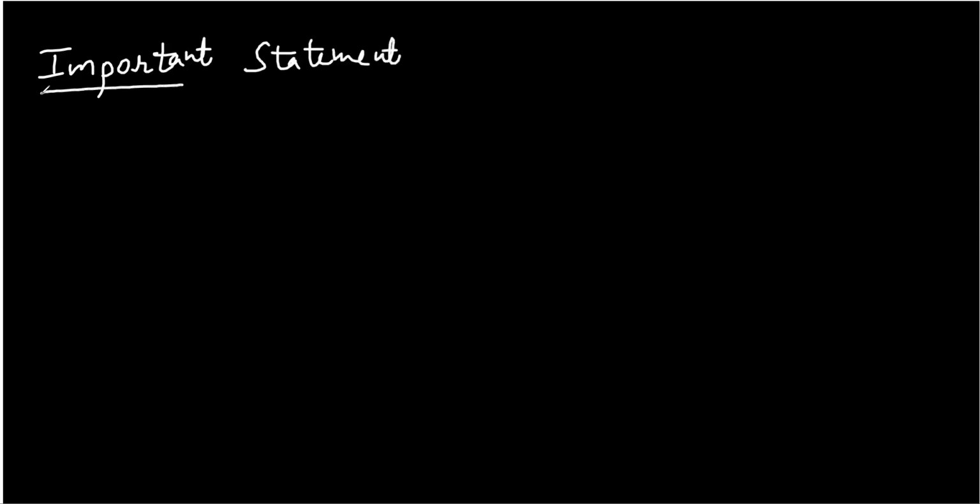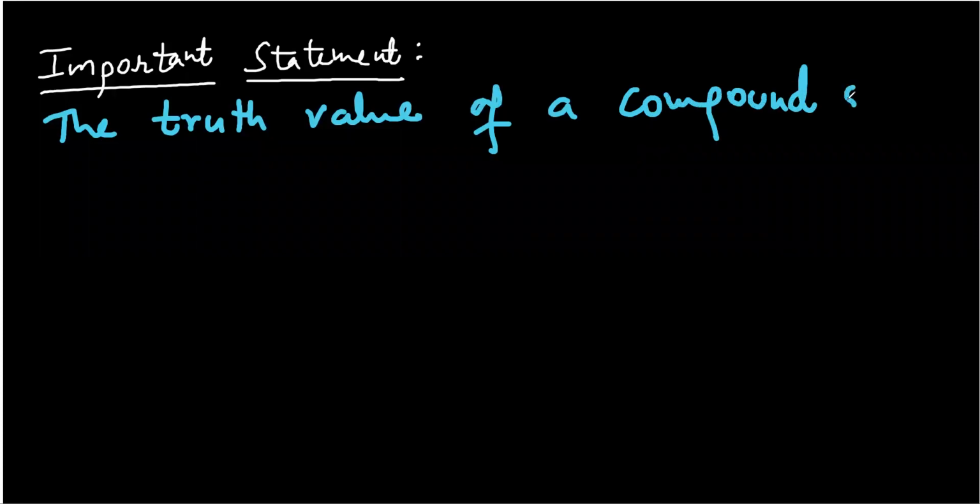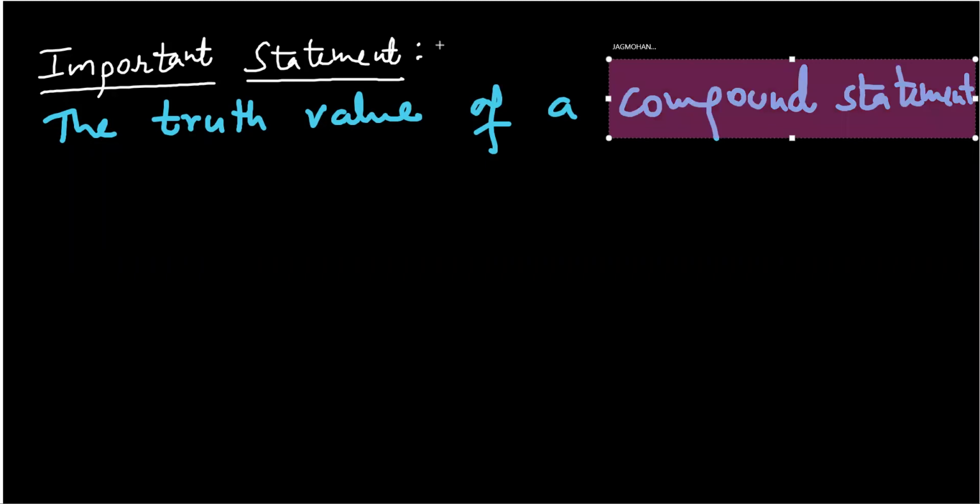This important statement you will all understand and learn. The truth value of a compound statement. What does that mean? It could be negation, implication, double implication, conjunction, disjunction, whatever it could be.